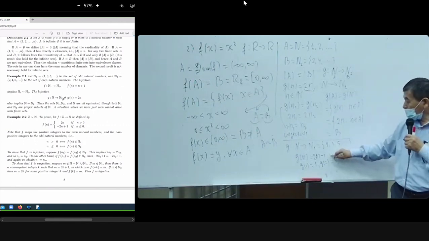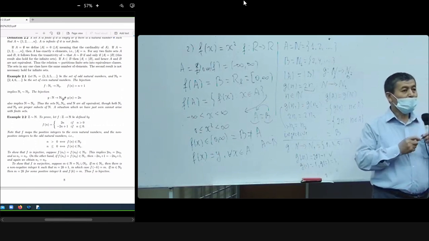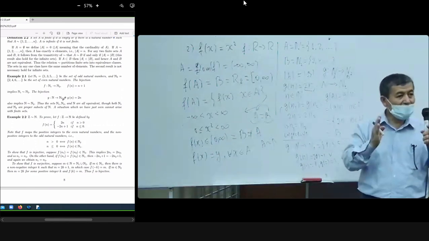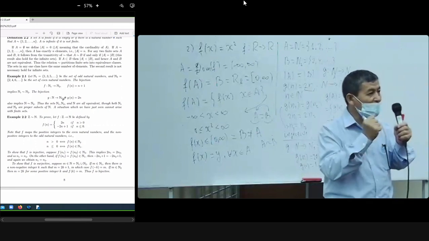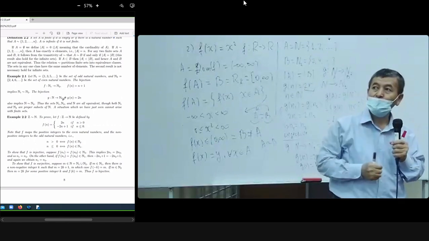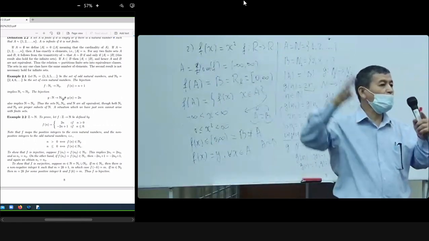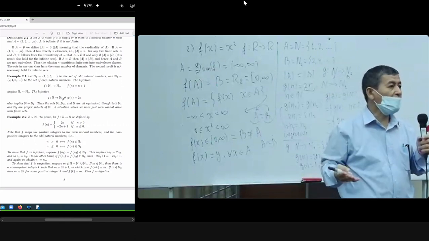Now you need to show this is a bijective function. Okay? So now for equivalent sets, we need to find a bijective function. That's the main aim of this topic. So from Z, now you see from Z to N is also equivalent.